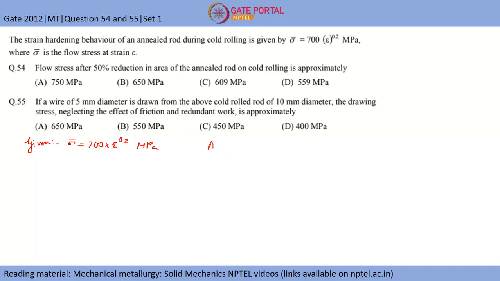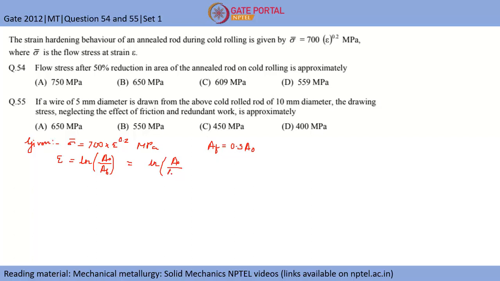So we know that AF is 0.5 of A initial. Now what is the equation of true strain, which is given by epsilon, which is ln of A0 by AF. We will keep A0 as constant, so it will be ln of A0 by AF, and AF is basically 0.5 of A0.